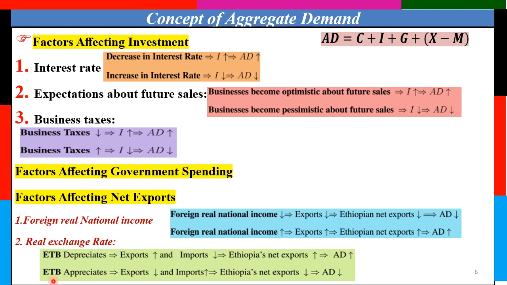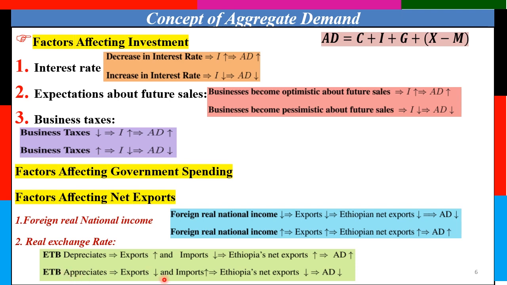In the opposite case, if the Ethiopian birr is appreciated or encouraged, export is what? Decreasing. Why is export decreasing? Because our product becomes what? More expensive to the rest of the world. So no one wants to buy Ethiopian products. At that time, export is decreasing, but import is increasing, because the Ethiopian birr's ability to buy something is increasing.